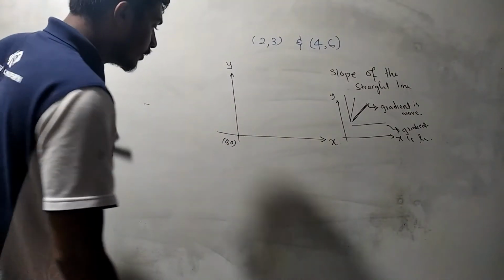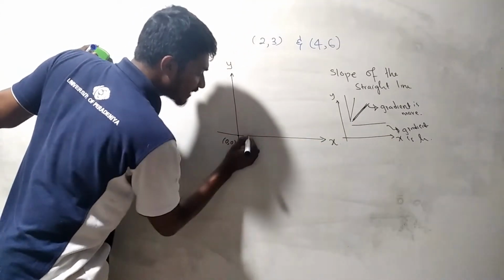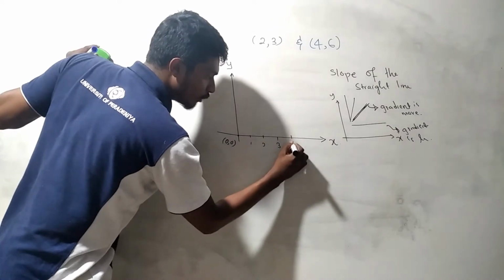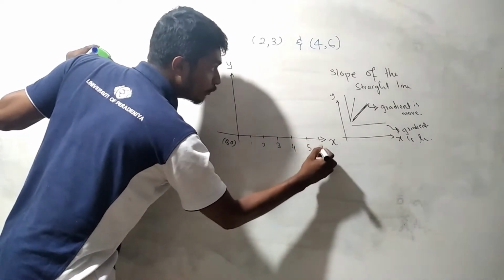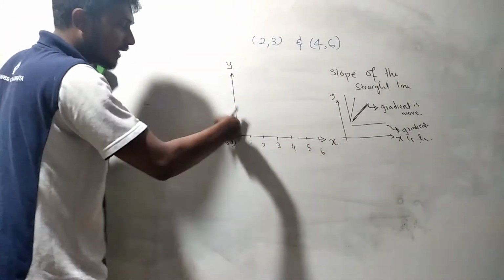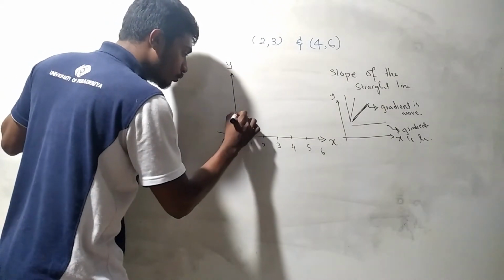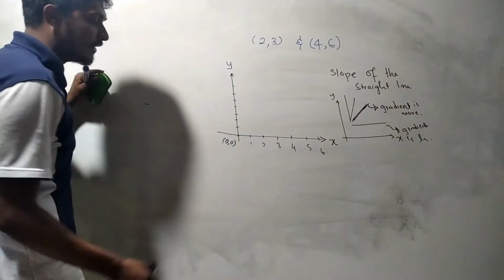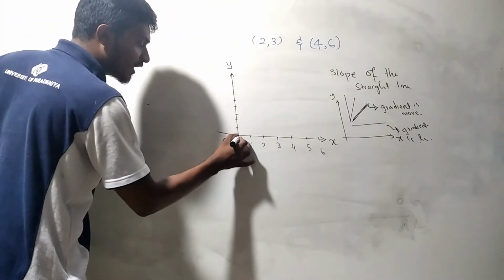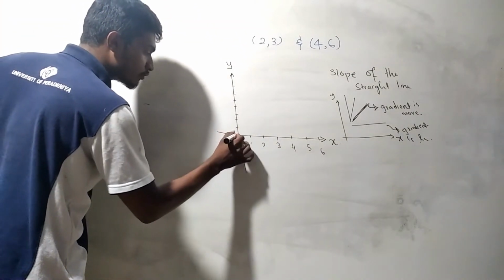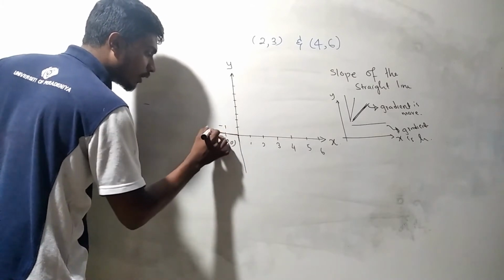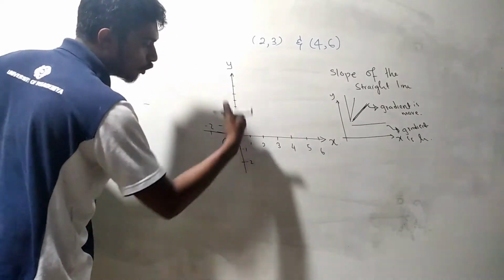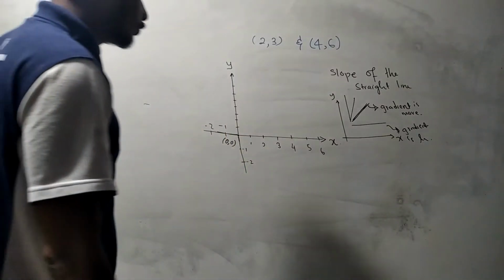Along the x-axis you have 1, 2, 3, 4, 5 and 6. Along the y-axis you have 1, 2, 3, 4, 5, 6, 7 and it goes all the way up to infinity. You have negative values also: -1, -2, going all the way towards the negative part.